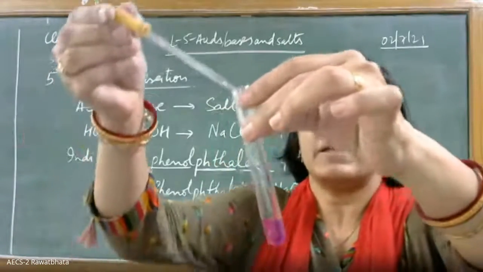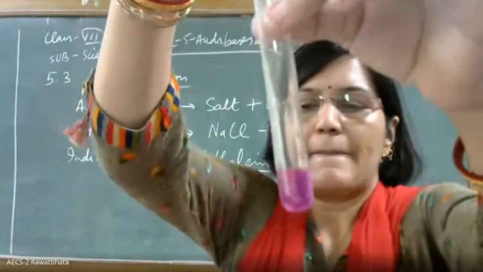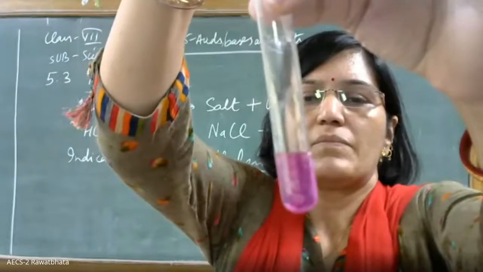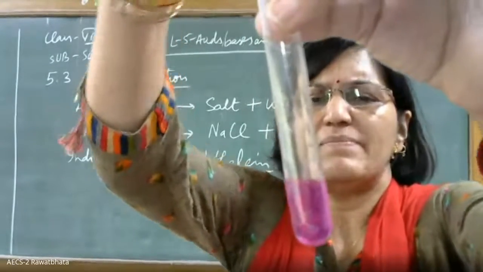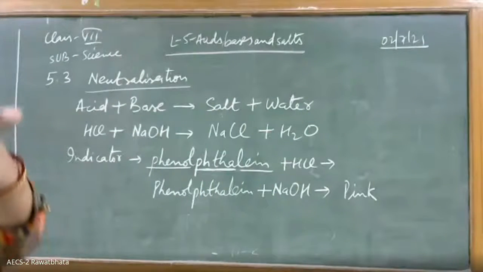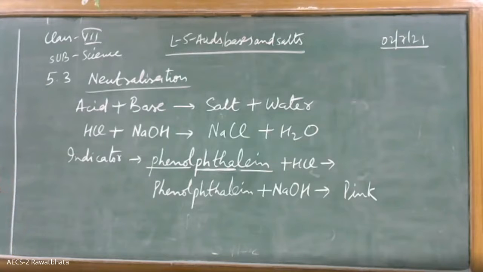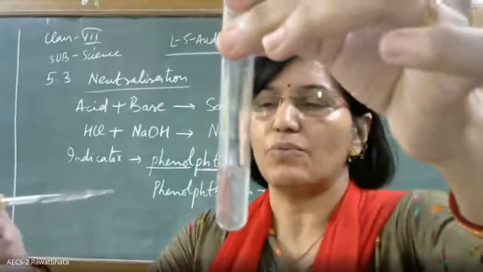And now let me add HCl to it. Something is happening. Just wait and watch. Base is more in amount. I'm adding a few more drops of it. Ma'am, it's like light pink. Light pink, it has totally gone. I have added the whole drop of it. Yes, ma'am, it's transparent now.